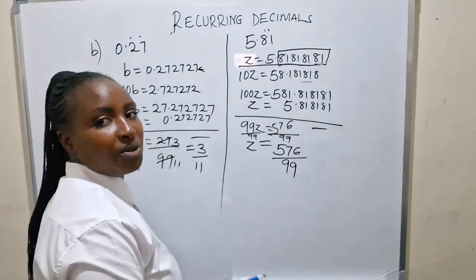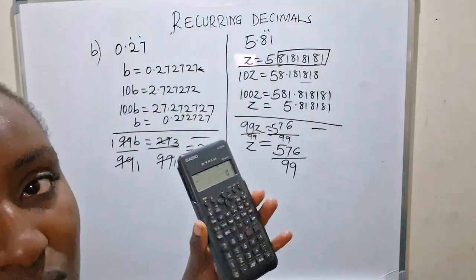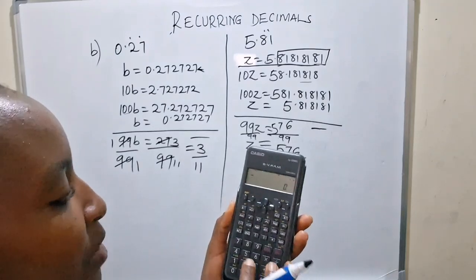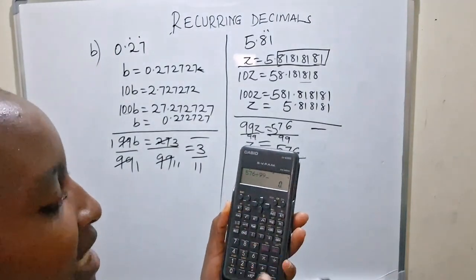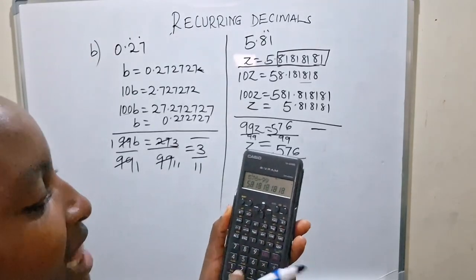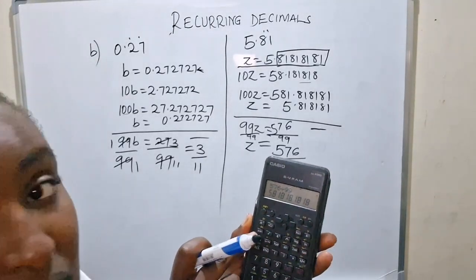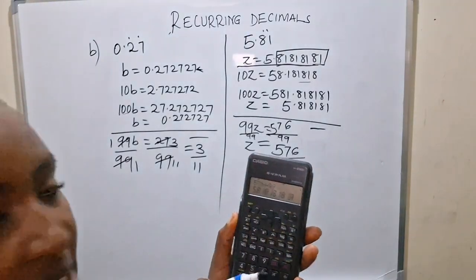Because by now I know you know how to use a calculator, you just get hold of your calculator, input 576, you divide by 99, right? You get 5.8181. But then you see this button here, which is written a b over c.